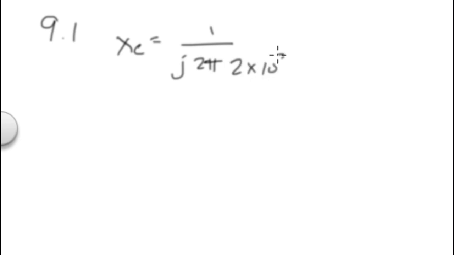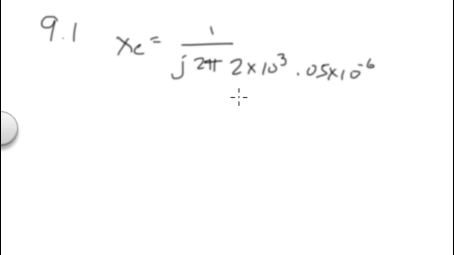calculate the value of the capacitor's X sub C, and that's equal to 1 over j 2 pi f, which is 2000, times the 0.05 times 10 to the minus 6th.